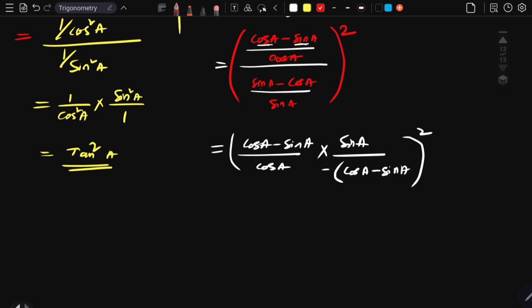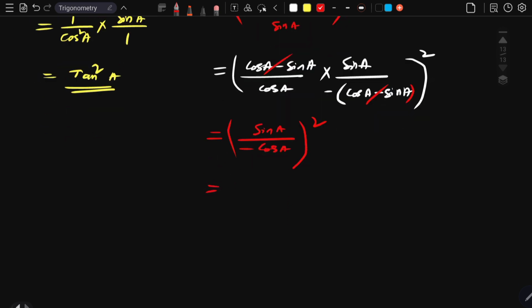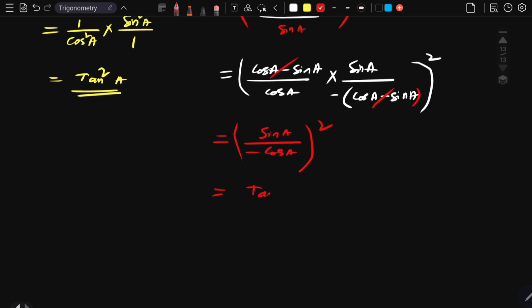So I can cancel this cos a minus sin a with cos a minus sin a. In the numerator we have sin a, the denominator is minus cos a, both having square. So sin a by cos a I can write as tan a, but the negative is pending. So minus tan a whole square. Minus 1 whole square means plus 1. So tan a whole square means tan square a.